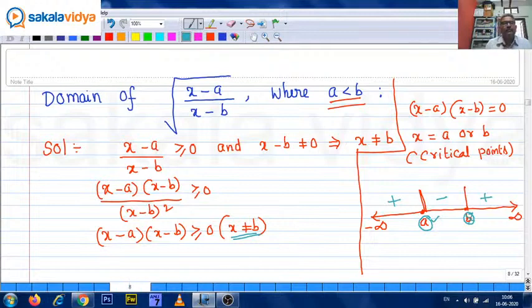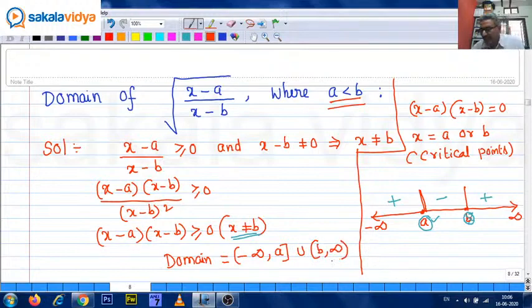So that means now it's very important, you need to remember: domain equals minus infinity to a, closed, remember, included, union open, because it's not included, b to infinity. This is very important.